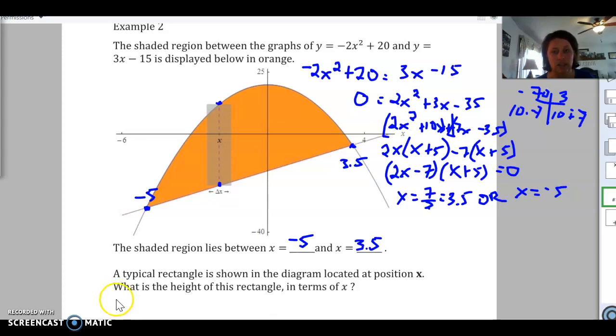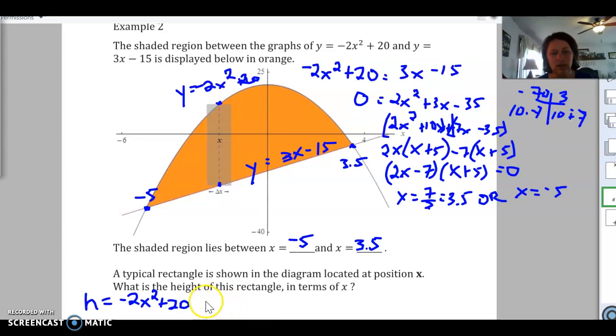So the equation that is the highest is our upside down parabola, which is y equals negative 2x squared plus 20. And then down here we have our linear equation, which is y equals 3x minus 15. So we're going to find our height by taking the higher equation, negative 2x squared plus 20, and subtracting the lower equation.